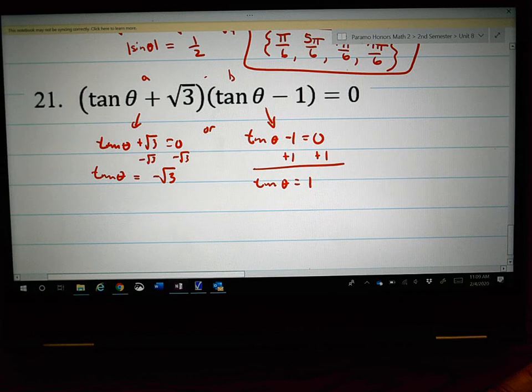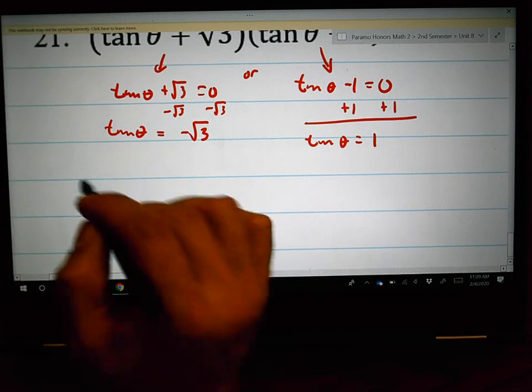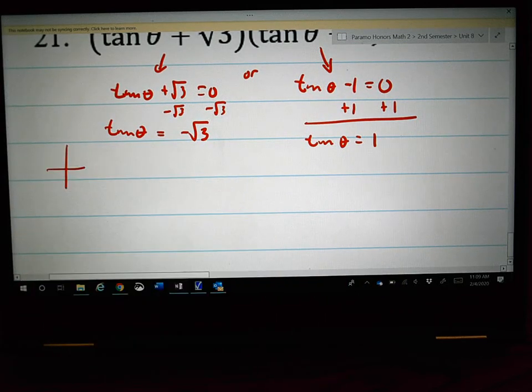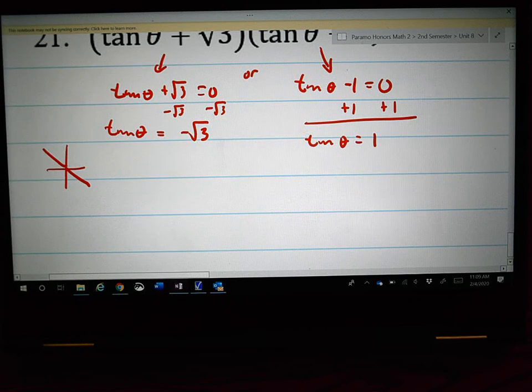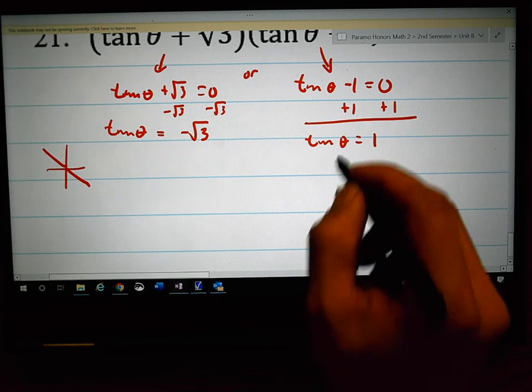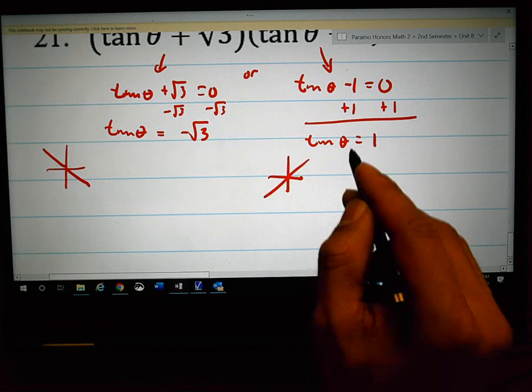And so really, we're looking for where the tangent is equal to a negative. I should be thinking of 2 quadrants. I should also be thinking, where's the tangent positive? Thinking of these two quadrants.